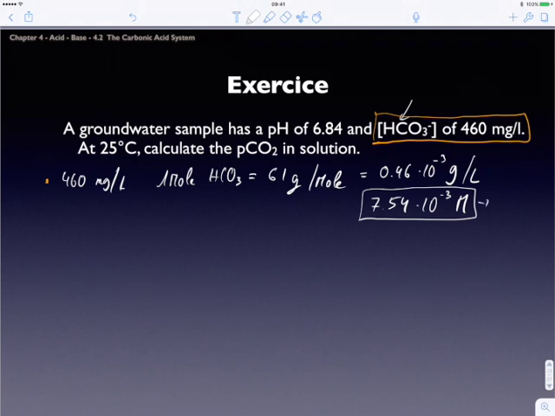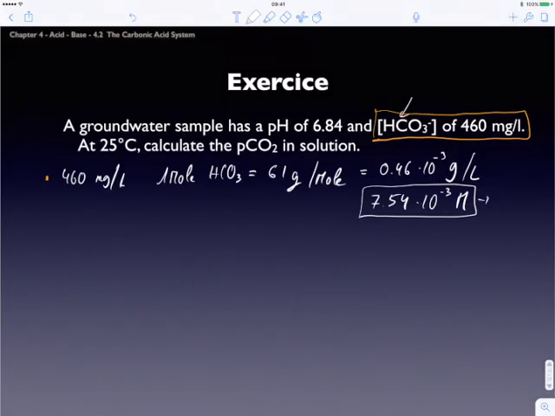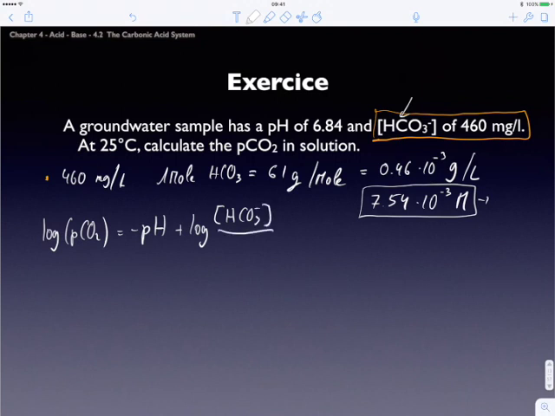And then you're going to use the equation that we just saw here, this one. It's a bit messy here. So what you're going to have is the log of the PCO2 equal minus the pH plus the log of the concentration of HCO3 minus, the bicarbonate, divided by two constants, the Ka1 and the KCO2.